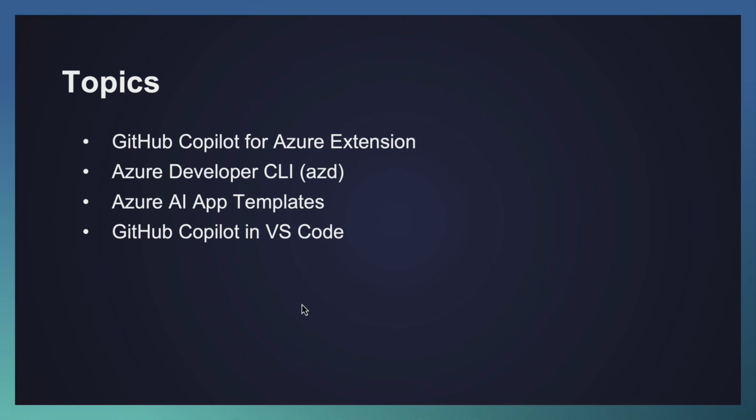Meantime, we will relook into the topics we discussed. We have installed the GitHub Copilot for Azure Extension from VSCode Marketplace. This is a VSCode extension, not an app-based extension. We understand basics of AZD, the Azure Developer CLI for application initialization, deployment, cleanup, and everything.